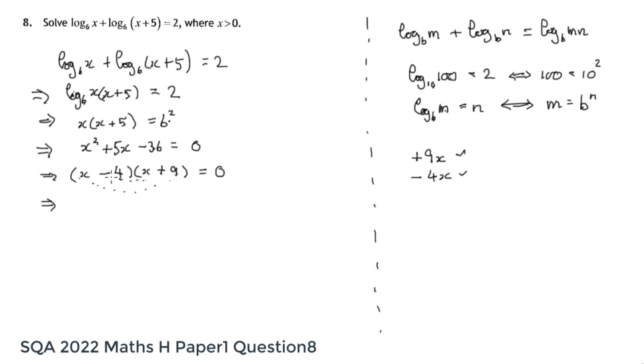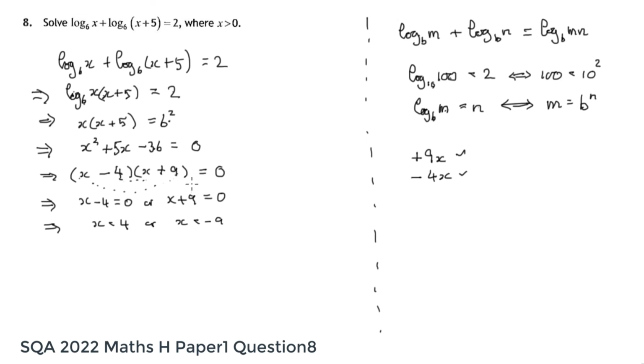Therefore, what have we got? We've got this expression times this gives us 0. One or other of these must be 0. So either x minus 4 is 0 or x plus 9 is 0. If it was the case that x minus 4 was 0, we add 4 to both sides, x is 4. If it was the case that x plus 9 was 0, we take away 9 from both sides.